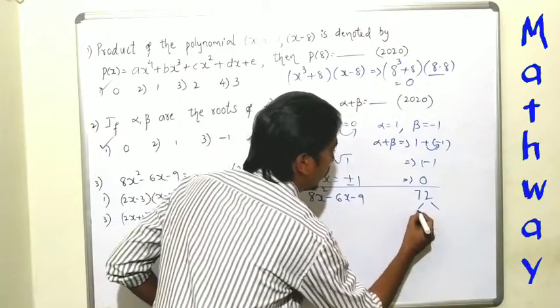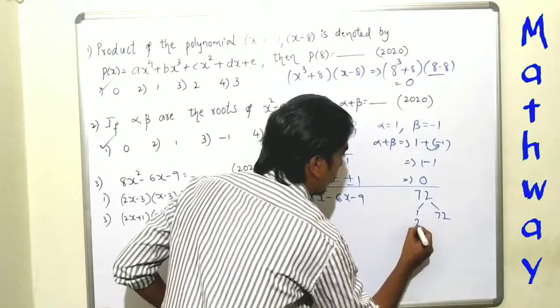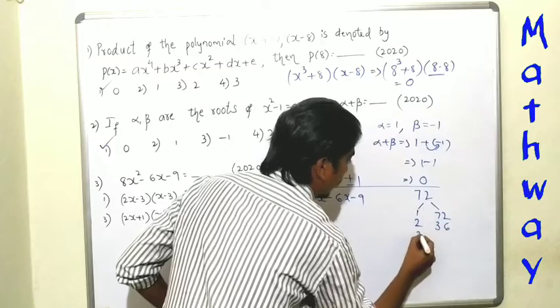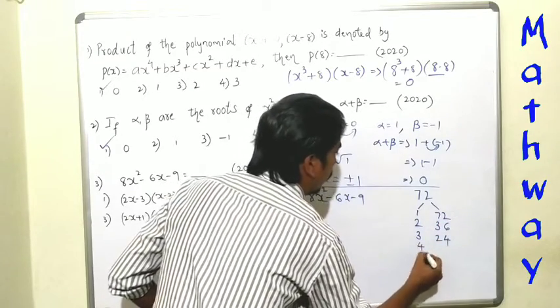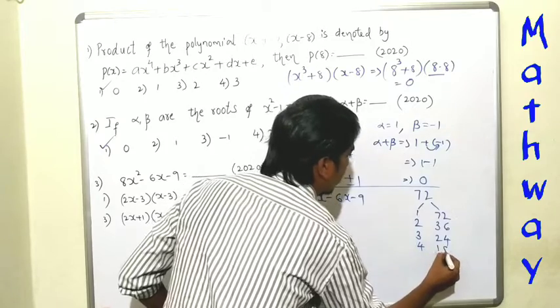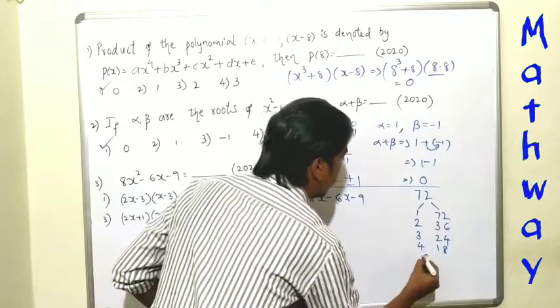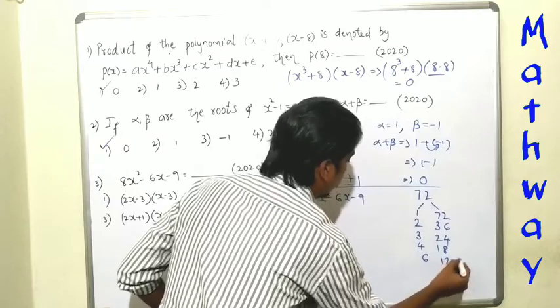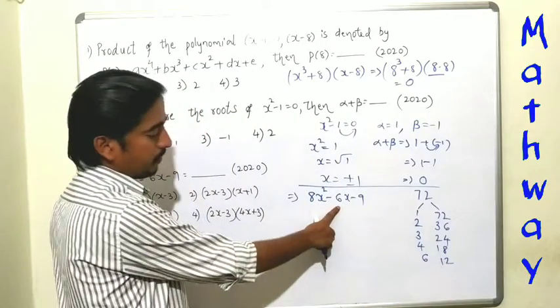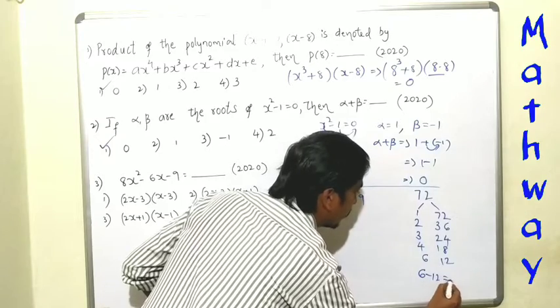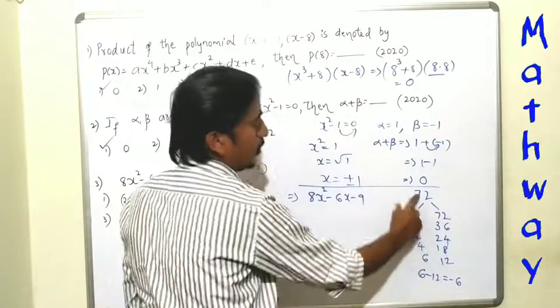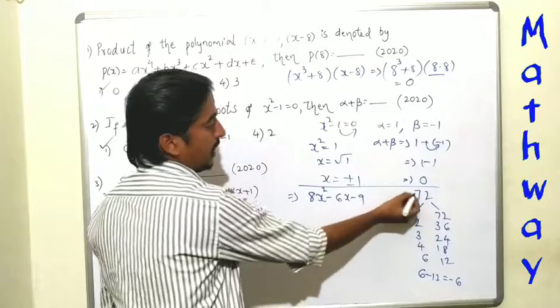Factors of 72 are 1 and 72, 2 and 36, 3 and 24, 3 and 12... 6 and 12. The middle term is minus 6, so we can take 6 minus 12 is minus 6, and 6 into minus 12 is minus 72. That is what we want.